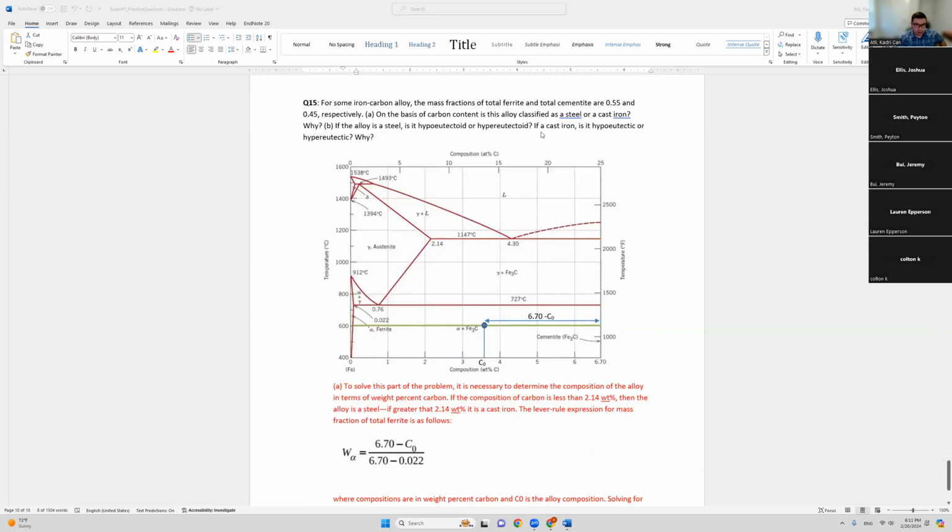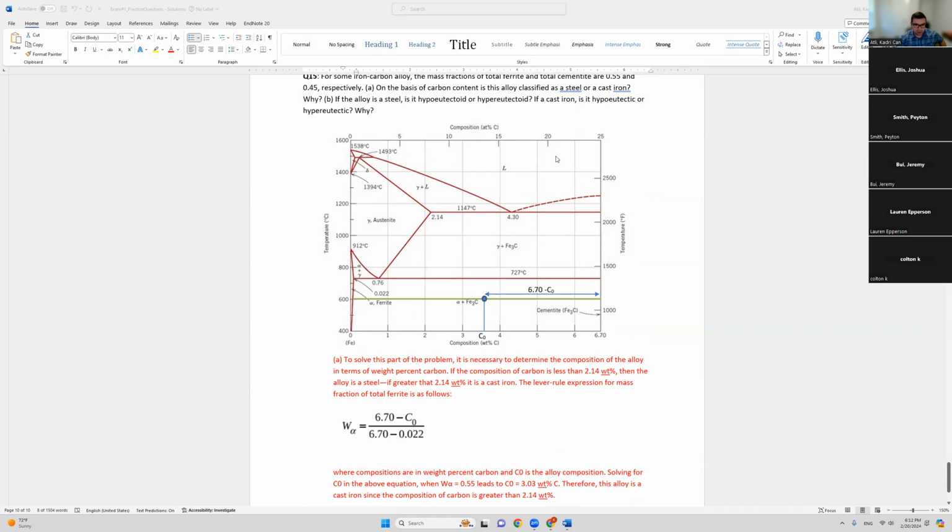What else? If it's a cast iron, is it hypoeutectic or hypereutectic? Again, this is a definition. This is our eutectic point, 4.3%. If your composition lies to the left of this, if the carbon content is smaller than 4.3, the composition is hypoeutectic.